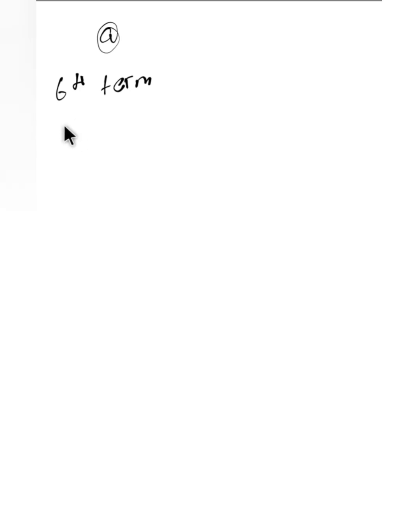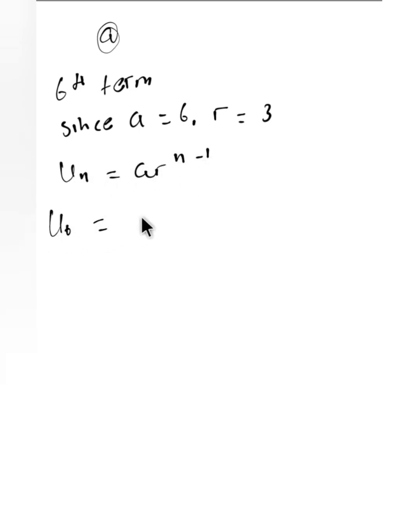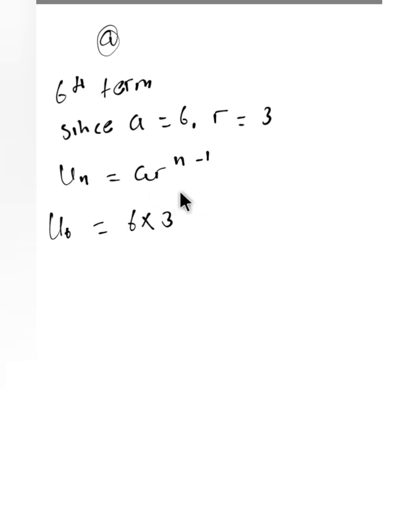Now, since a is equal to 6 and r is equal to 3, recall that un is equal to ar^(n-1). So u6 is equal to 6 times 3 raised to power 6 minus 1.